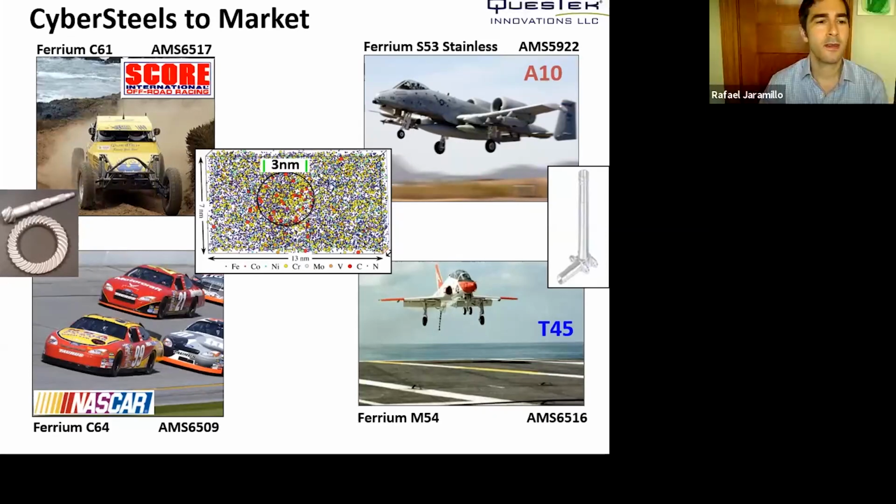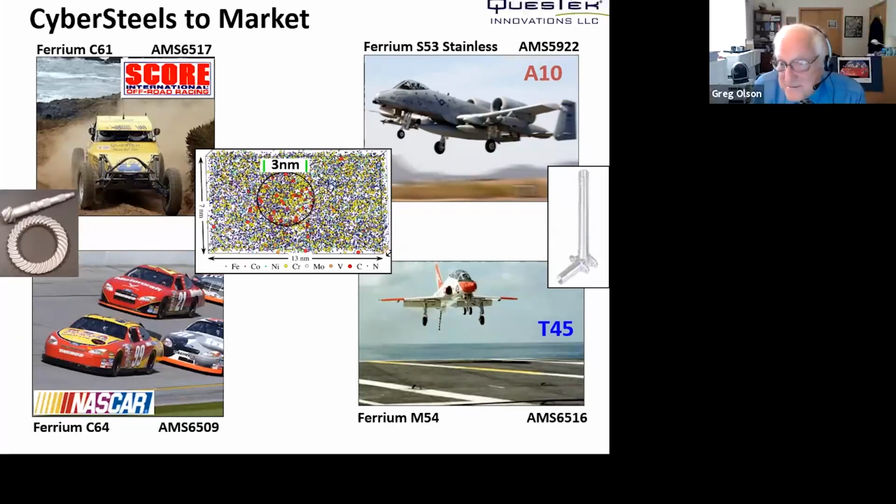Greg, this is maybe the second or more time you've mentioned atom probe, and there's a data set right in the middle here. So it seems like a good opportunity to talk about what that is. Yes, the atom probe is a version of the field ion microscope that looks at the point of a very sharp pin to get very high electric fields.